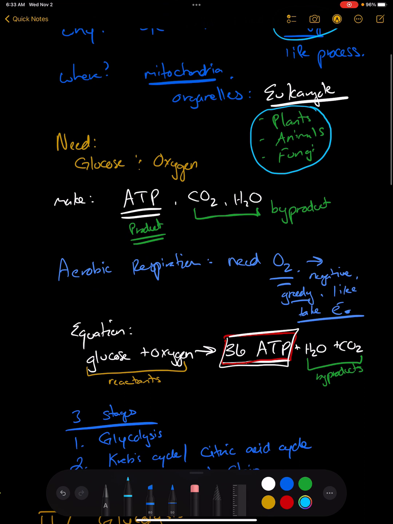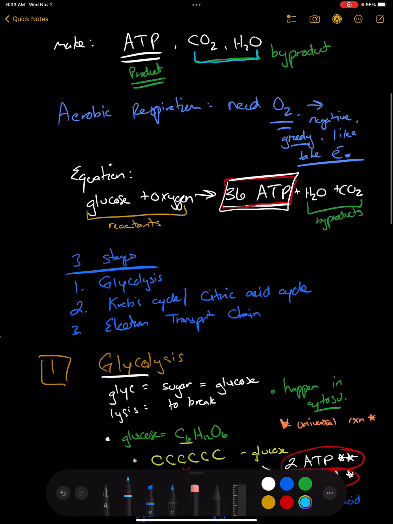So to do this reaction, I need oxygen and glucose, because I need glucose to break it apart so I can start making all my molecules. I need oxygen because he's really greedy and he's going to take the electrons from those NADHs and those FADHs. I make CO2 and H2O as byproducts. I don't care about them, but they are made regardless. This is aerobic respiration because oxygen is involved. And again, I'm trying to make the 36 ATP.